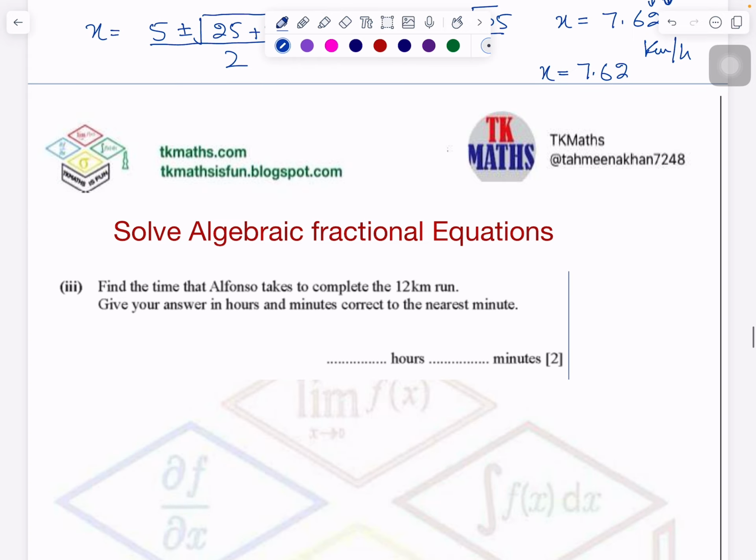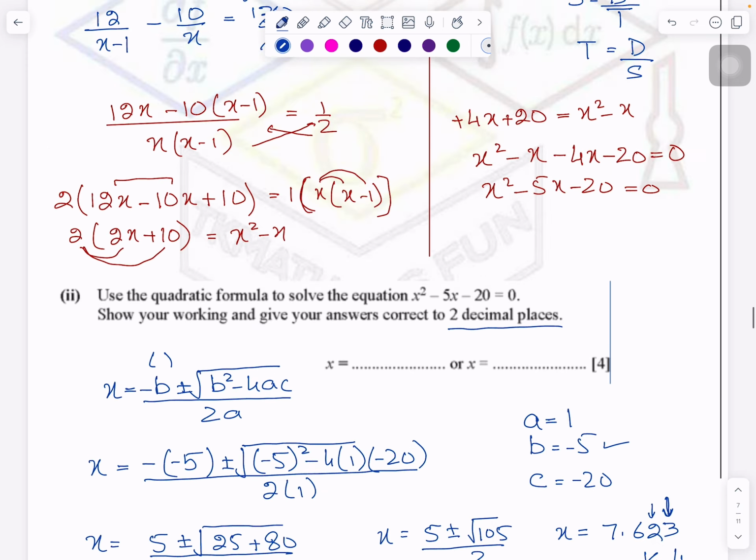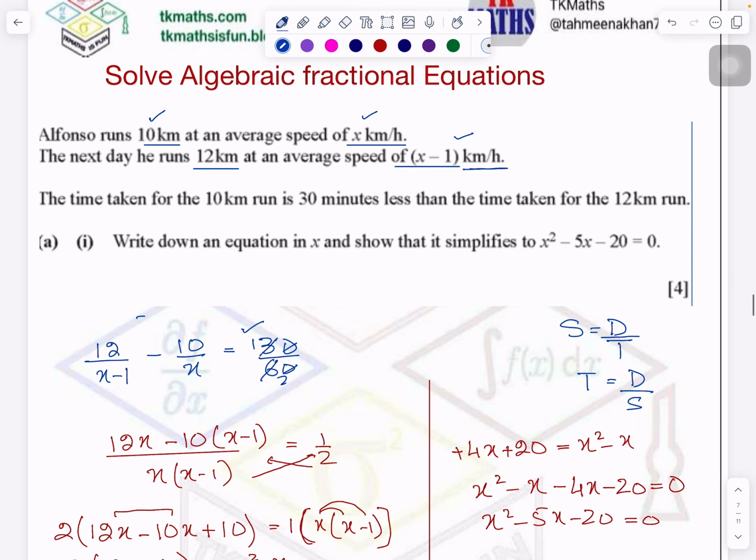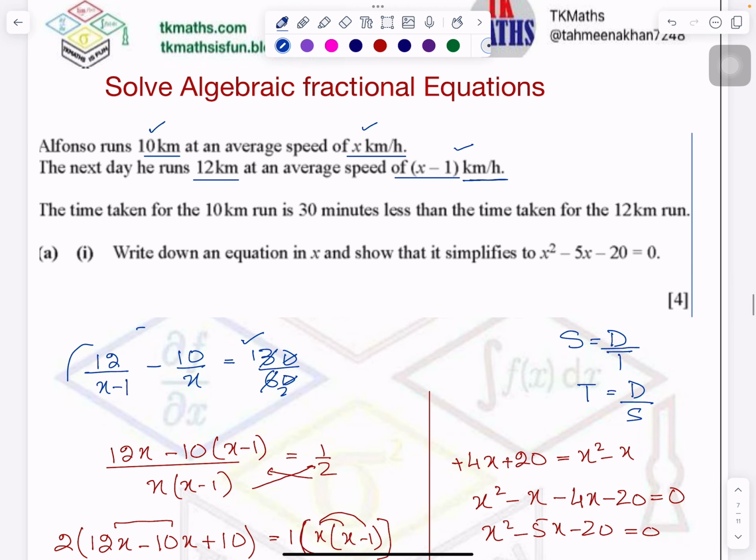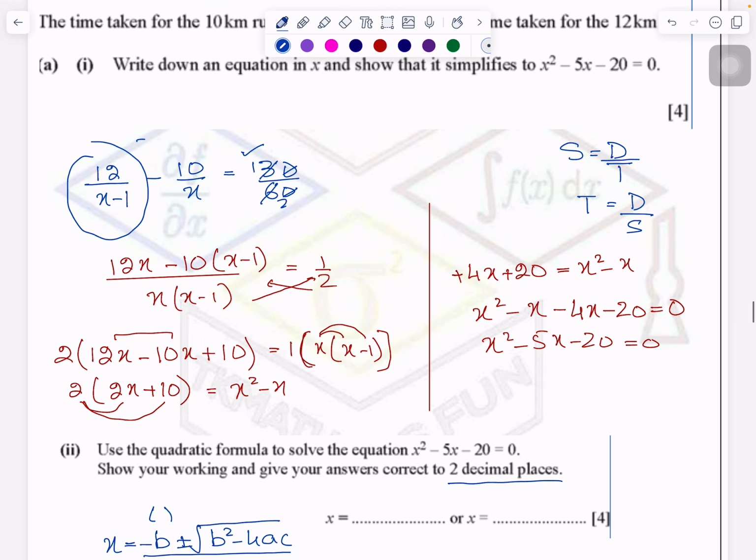Let's see the last question. Now the last question is saying find the time taken that Alfonso takes to complete the 12-kilometer run. So what was the expression for Alfonso? This was the expression, right? Which we wrote in part 1. So we will pick this up and substitute the value of x here.